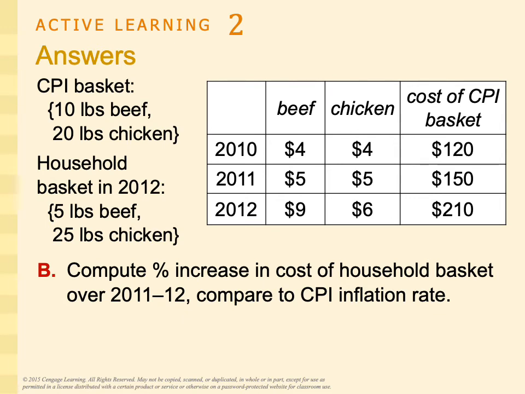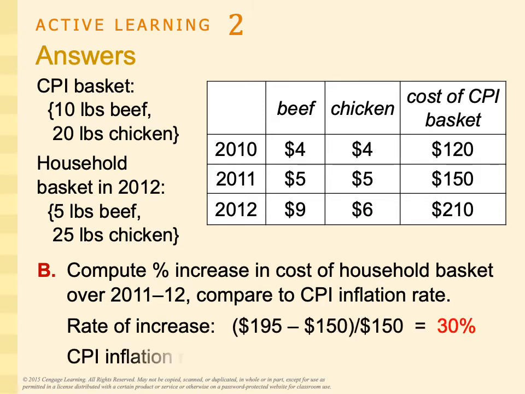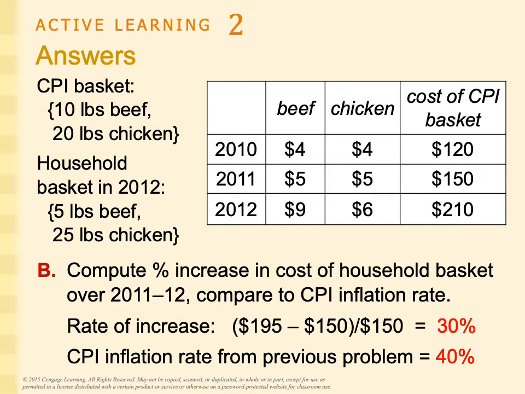And if we calculate the percent increase in cost of the household basket going from 2011 to 2012 and compare it to CPI inflation, we see this too, right? So the cost of living increase is actually lower than if we used CPI to calculate inflation.